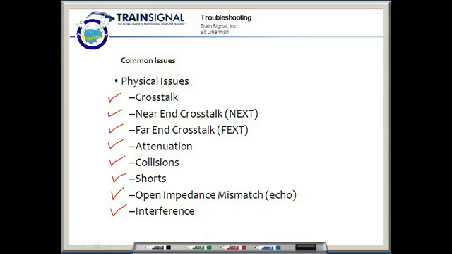And basically, this electromagnetic interference is just that. It's interference. If you have a cable that's not shielded against this EMI, and that cable goes near something that gives off EMI, then the signal may deteriorate or completely stop.